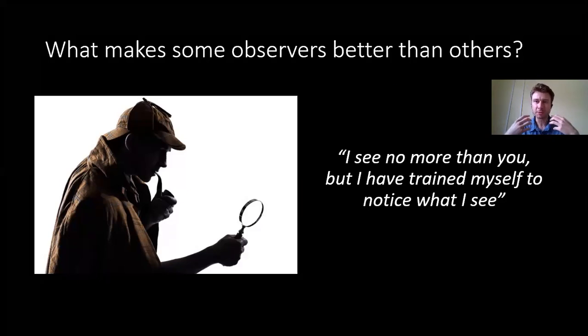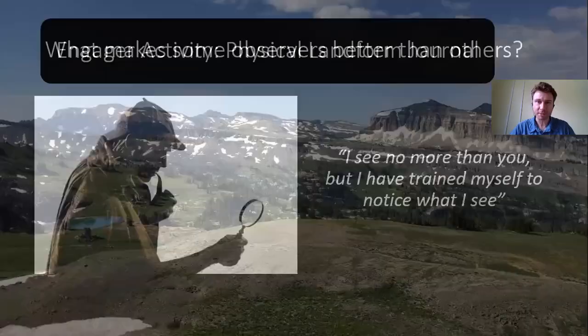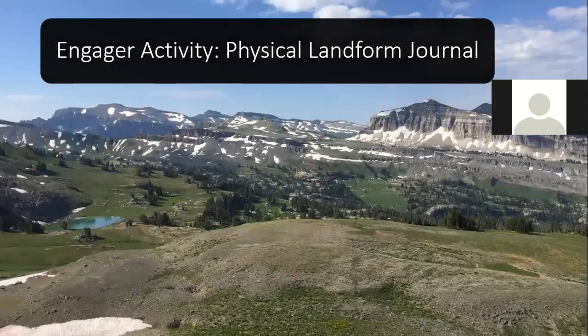So when we ask our students to observe, that's only half the battle, right? To really make our students into good observers, we have to teach them those skills of observation. Today, I'm going to share with you a few tricks that we can use for ourselves and our students to increase our observational and noticing skills. So here's what we're going to do. We're going to start with a bit of a landscape engager activity.